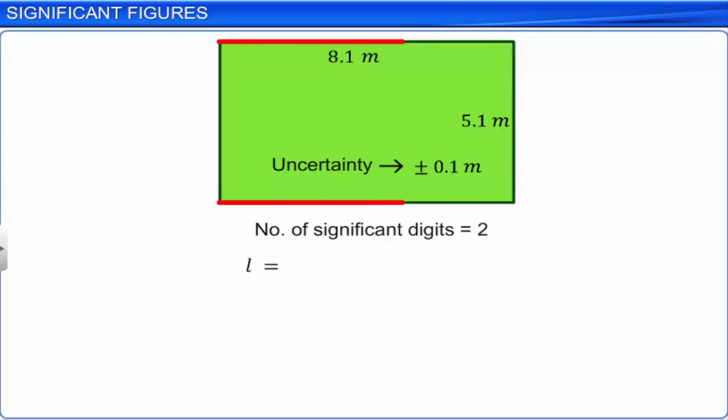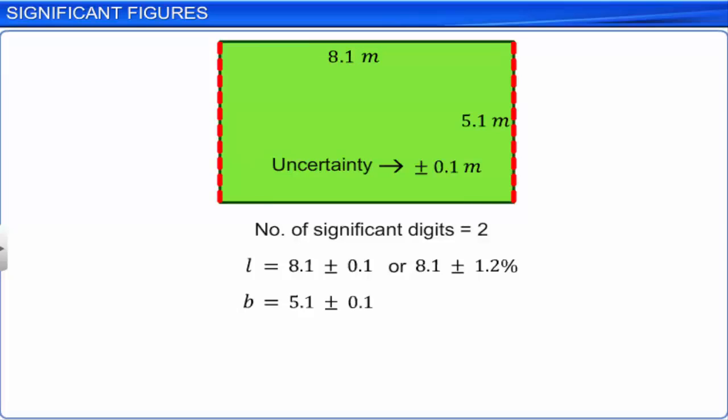Here, the length can be written as 8.1 plus or minus 0.1 or 8.1 plus or minus 1.2%. And the breadth can be written as 5.1 plus or minus 0.1 or 5.1 plus or minus 2%.